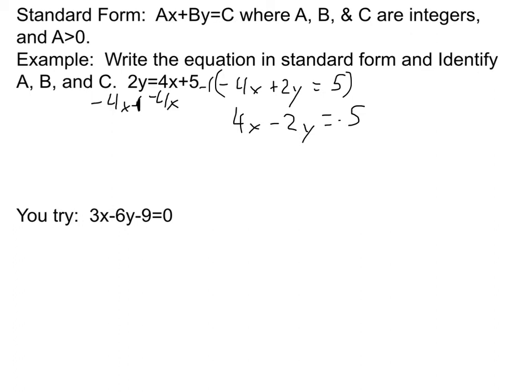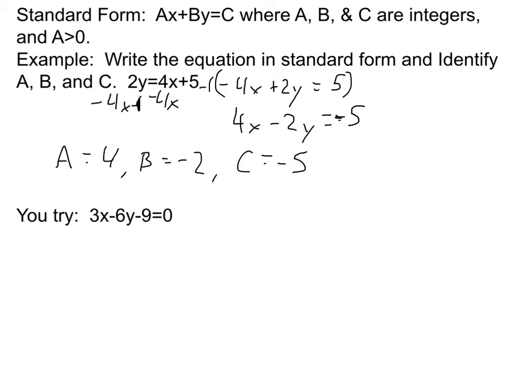So now we have it in ax plus by equals c, where a is positive, b is not equal to 0, so we are in standard form. Okay, we just need to identify what's a, b, and c. So a equals 4, b equals negative 2, and c equals negative 5. That is a negative sign there.